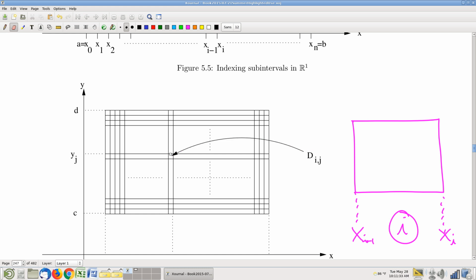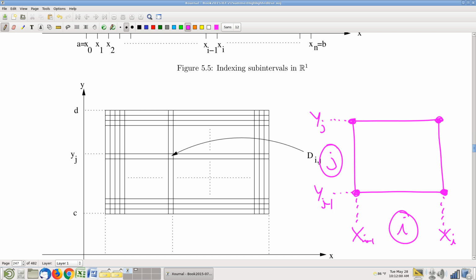If this is, if you will, the jth slot on the y-axis, well, then this is y sub j minus 1 to y sub j. And now I know the coordinates of all four of these corners, and I know the width, and I know the height. And I can tell you exactly where that sub-rectangle is.